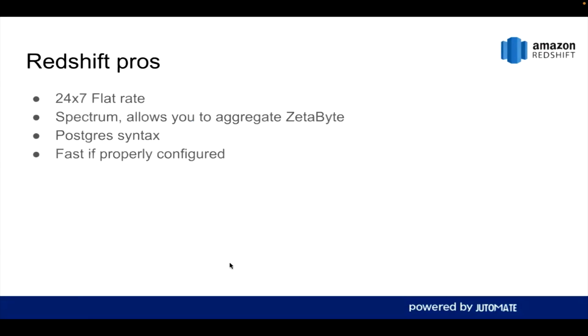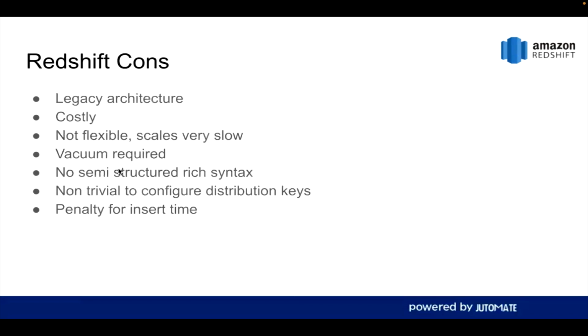Very good. So the pros of using Redshift: 24/7 flat rate, no surprises. Spectrum allows you to aggregate zettabytes of data, which is a lot. The Postgres syntax, which is usually good when you have a Postgres operational DB, and it's very fast if it's properly configured.